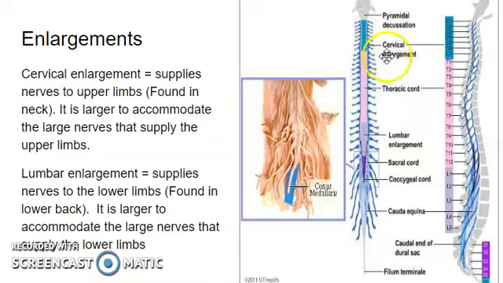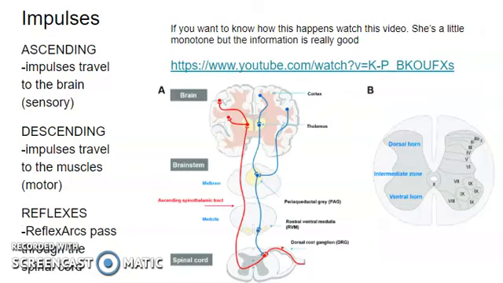And it's because you have all of these arm muscles whose nerves come out of here. They're very large. And when they come back, they need the space to be able to connect to the nervous system. You have a similar one down here in the lumbar area. That's where your legs go. And those supply the lower limbs, and it's larger to accommodate those larger nerves.